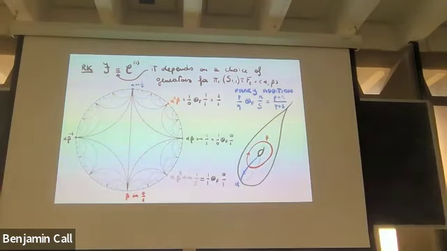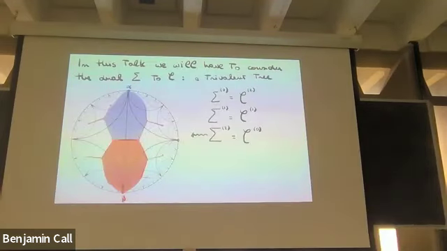Today we will care about the dual graph of the Farey graph. It is a graph that has one vertex for each face, and you put an edge between two faces if they are adjacent, so the edges correspond to the edges.